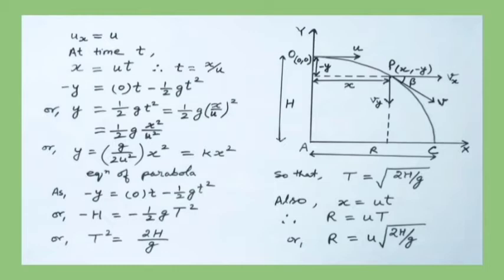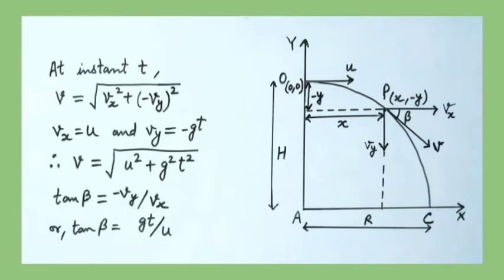Also, as x = u into t, therefore R = u into capital T, which is equal to u under root 2h by g, which gives the horizontal range of the projectile in the given situation.